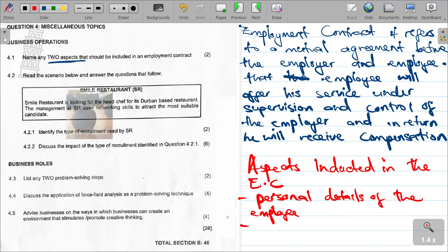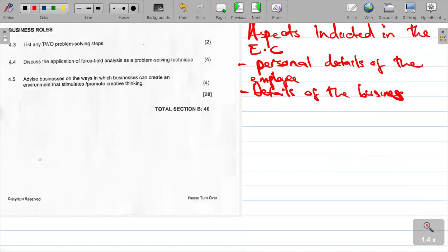Two, you'll find that there are details of the business, all right, such as the name and the address, e.g. the name and the address of the business, right.